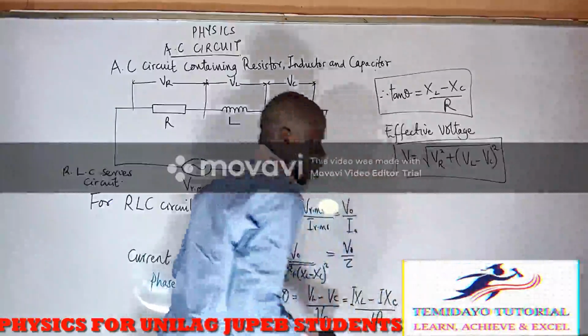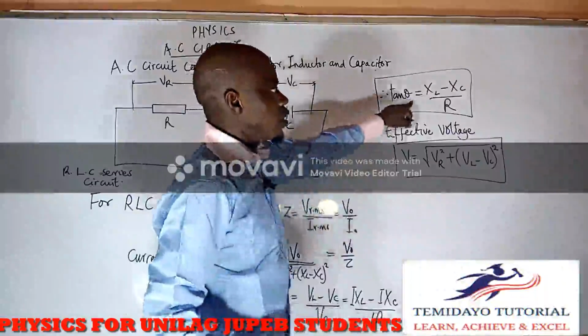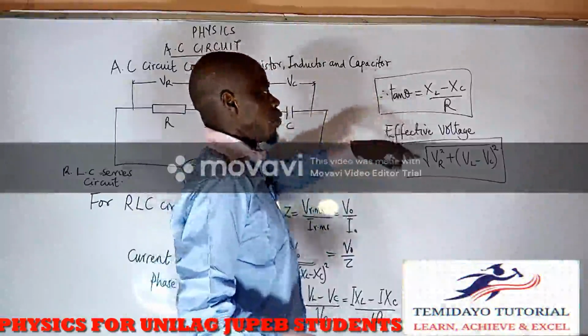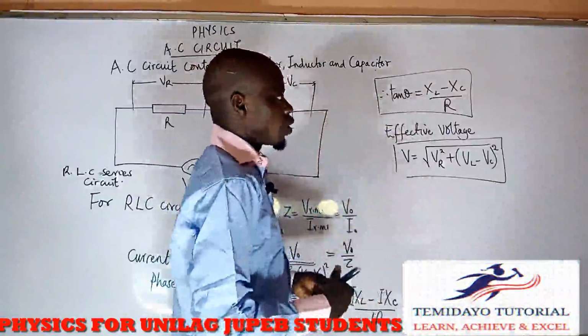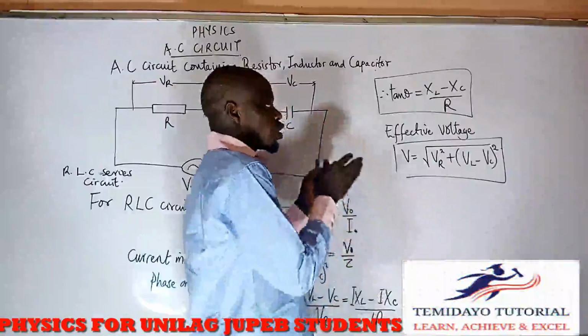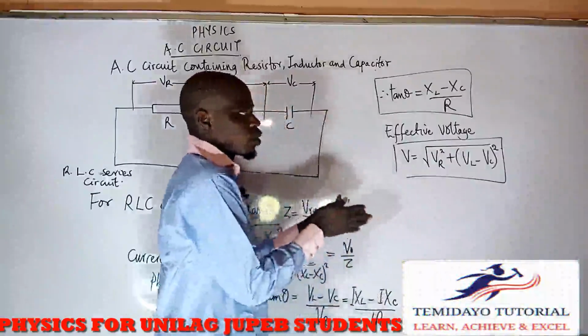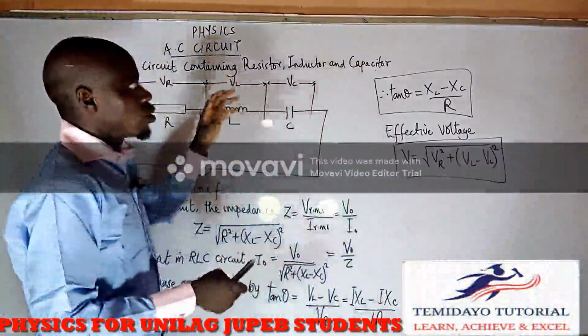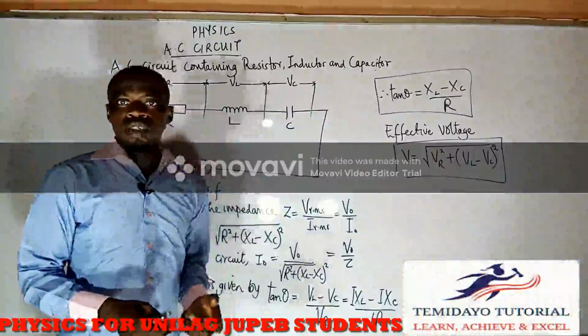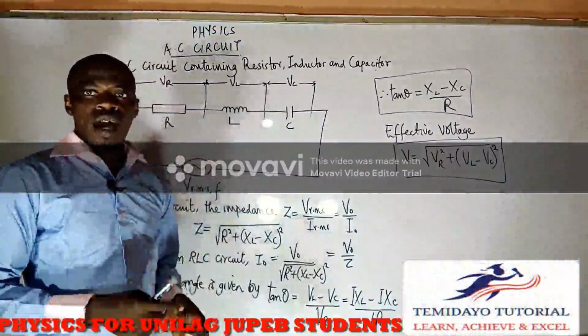The I cancels out. So from there we have established this relationship. Then the effective voltage is given in this form. These are the formulas that you will be coming across when we go deep into the equations, and we are going to come across all those connections for series connection of resistor, capacitor and inductor.